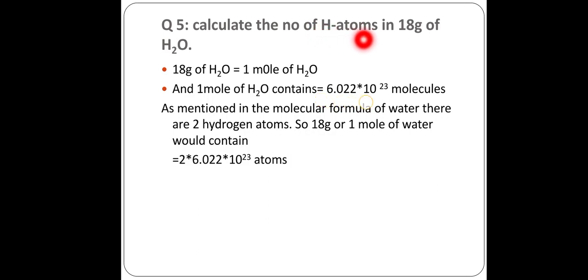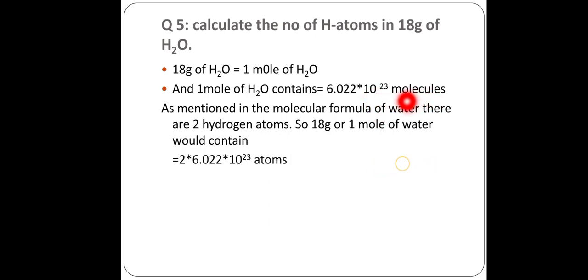They have given you the mass of the whole molecule, and they are asking you the number of hydrogen atoms. Okay, now we will see that 18 grams of H2O is equal to 1 mole of H2O. When there is 1 mole of H2O, how many particles are there? 6.022 into 10 raised to 23 molecules are there.